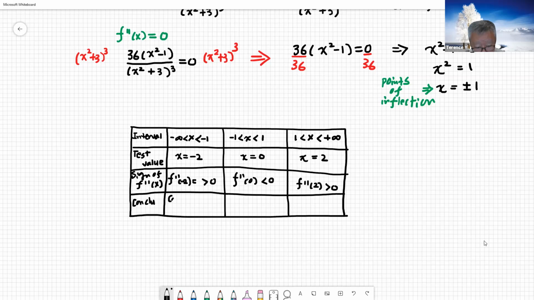So here we're going to say concave upward. Here, concave downward. And here again, concave upward.